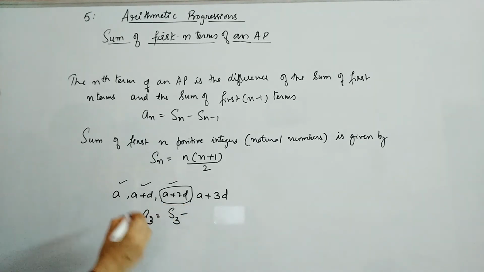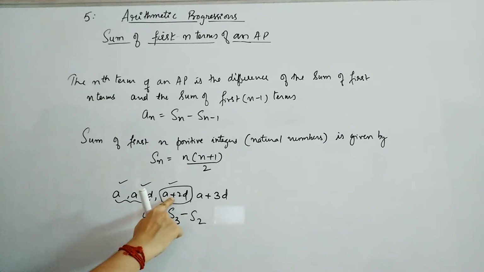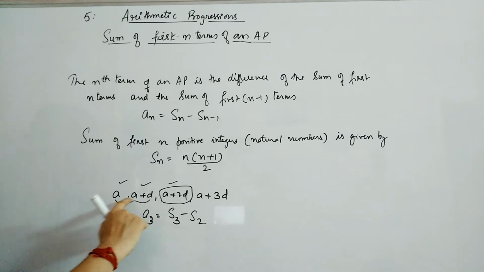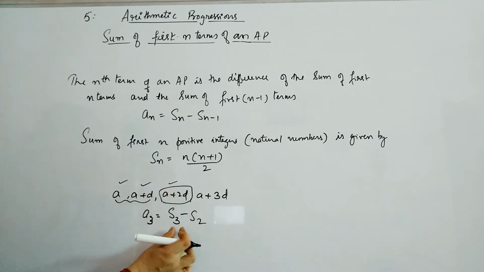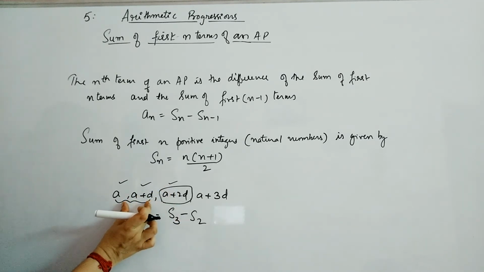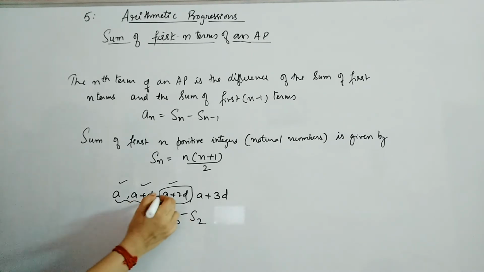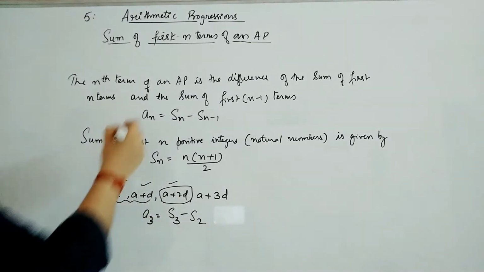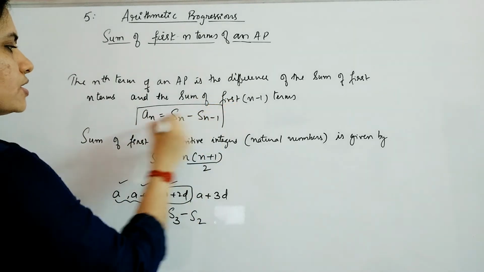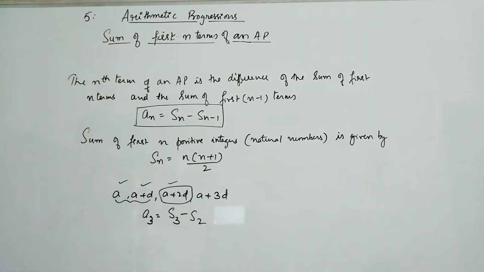And if I subtract the sum of the first 2, s2, I will get a3. Is it clear? Sum of these 3 added together will give you your s3, and sum of these 2 added together will give you your s2. Now if I subtract s2 from s3, I will get this a3, right? That's why the general formula is an is equal to Sn minus Sn minus 1, right?